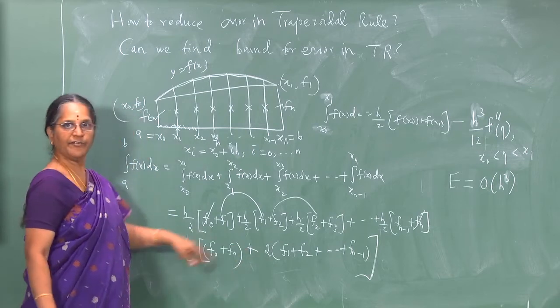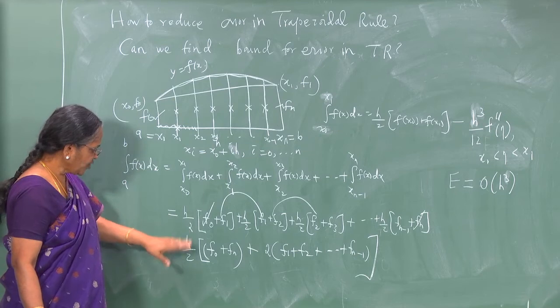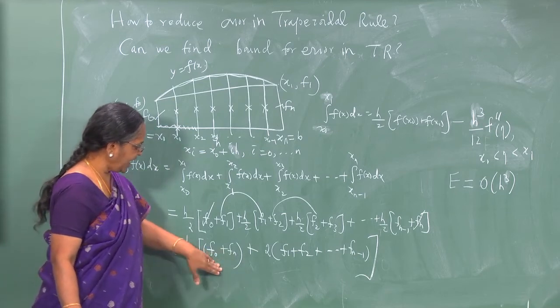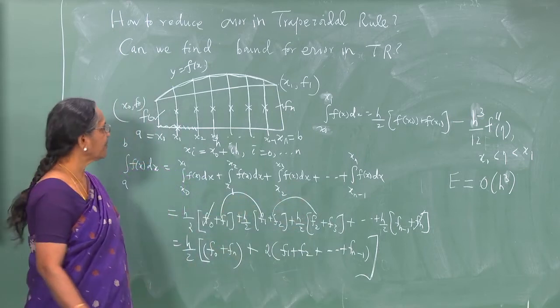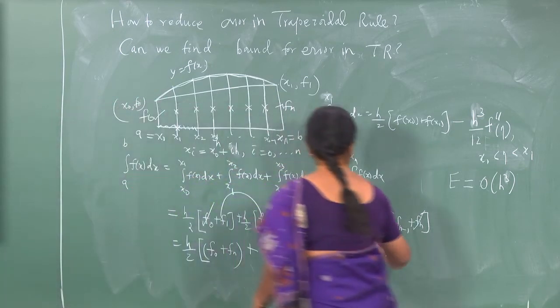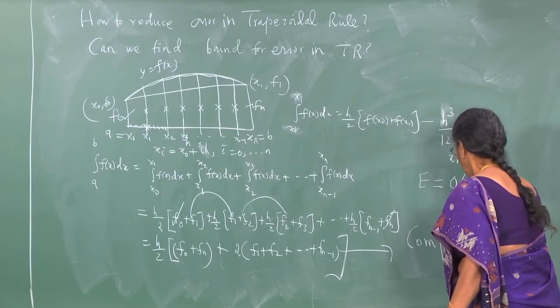So, the formula gives me integral a to b f of x dx is h by 2 times sum of the end ordinates plus twice the intermediate ordinates. The resulting formula is what is known as composite trapezoidal rule.